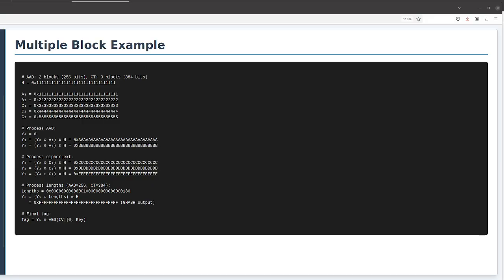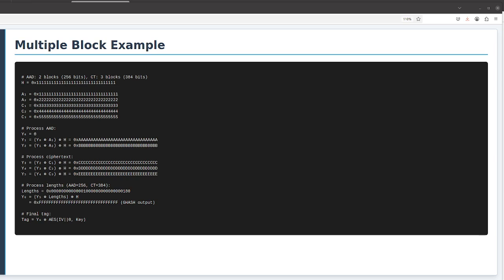We have finished AAD processing. Process C1. Y3 equals (Y2 XOR C1) times H, which equals (0xBB ending with BB XOR 0x33 ending with 33) times H, which equals 0x88 ending with 88 times H, giving 0xCC ending with CC.